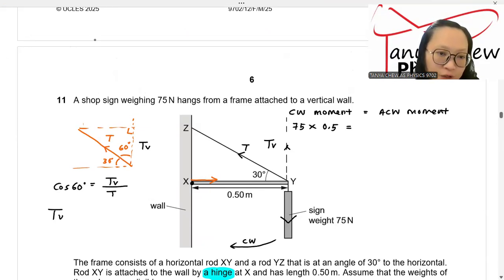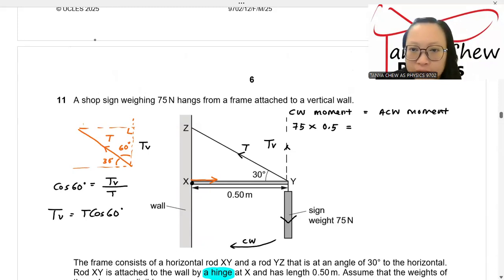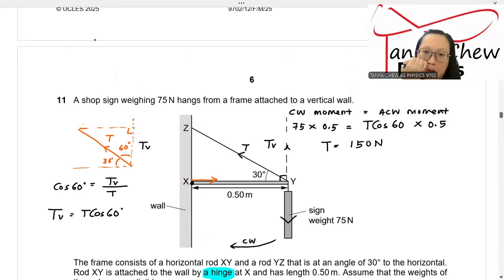So the tension vertical is equal to T cos 60. T cos 60 degrees multiplied by the perpendicular distance, which is 0.5. Make tension the subject, find the value of tension, and you should get 150 Newton.